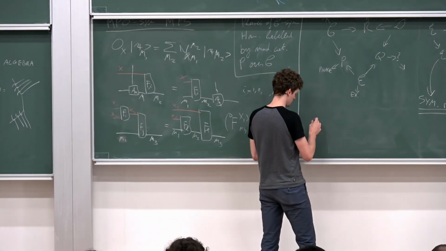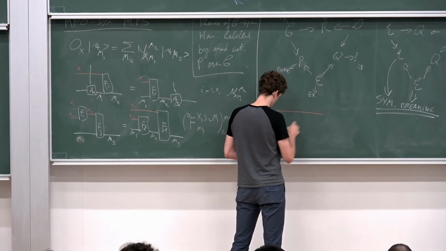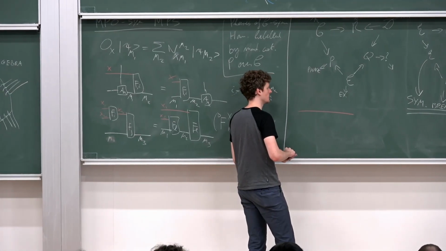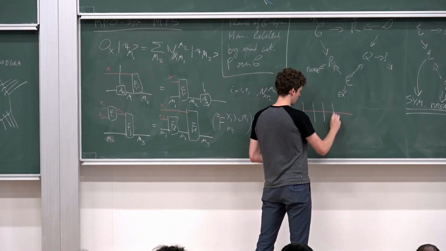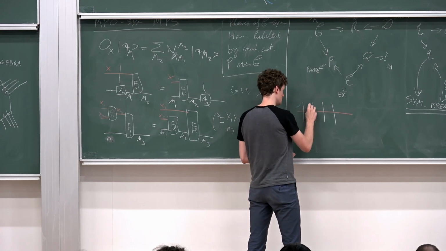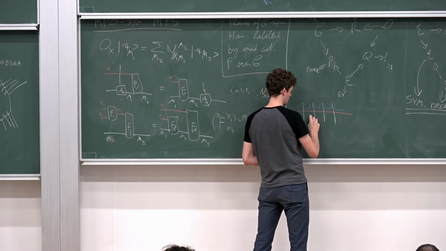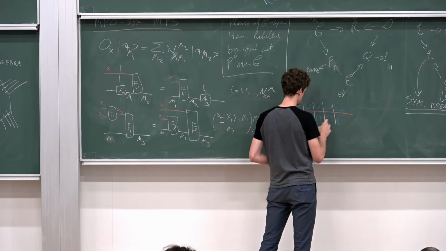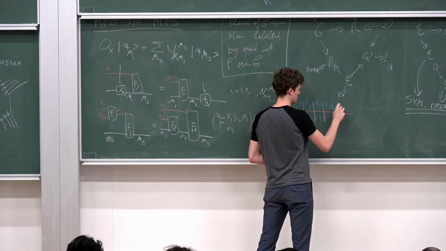So the final point that I want to make, the final picture that I want to draw, is that a generic matrix product state in some phase is obtained by taking this duality operator, this module vector, where this guy is labeled by R here, that's my original Hamiltonian.